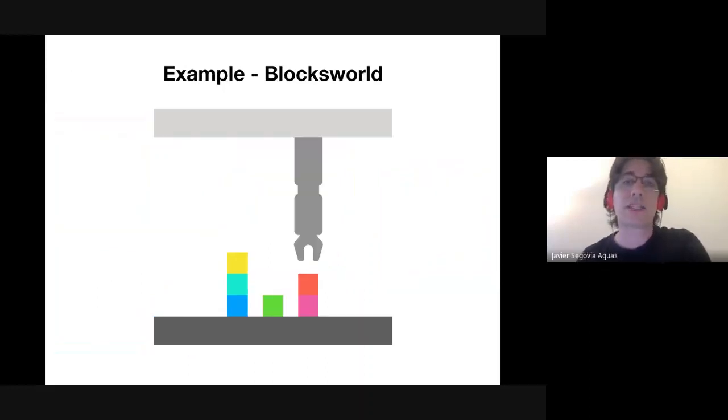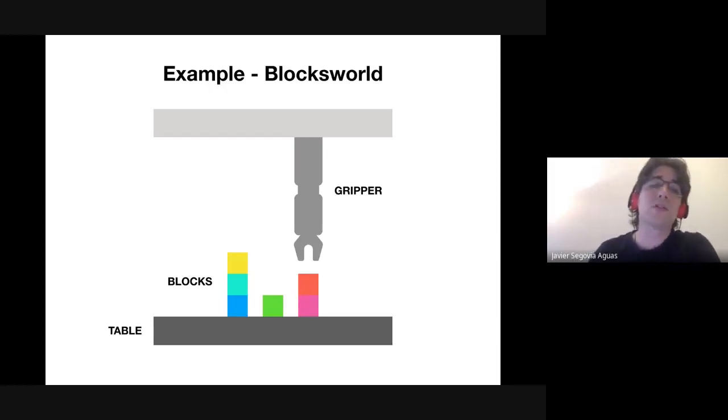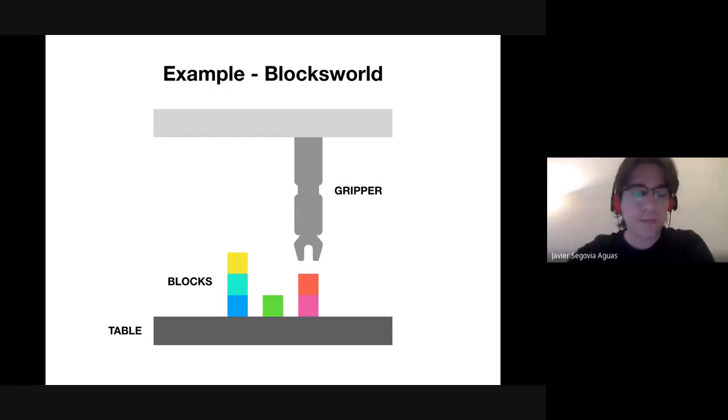So here we have an example. This is the typical example in planning that is called Blocksworld. In Blocksworld, we have a gripper, we have blocks, and we have a table. So the idea in Blocksworld is that we have any arrangement of blocks in a scenario, and we want to map this setting to another setting by picking and placing blocks in this scenario.